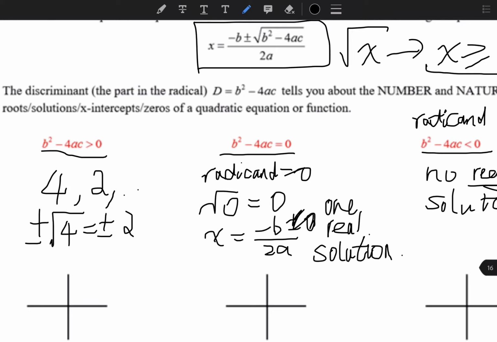So if you compute it, there are going to be 2 different answers. So when your radicand is greater than 0, there are 2 real roots to your equation.